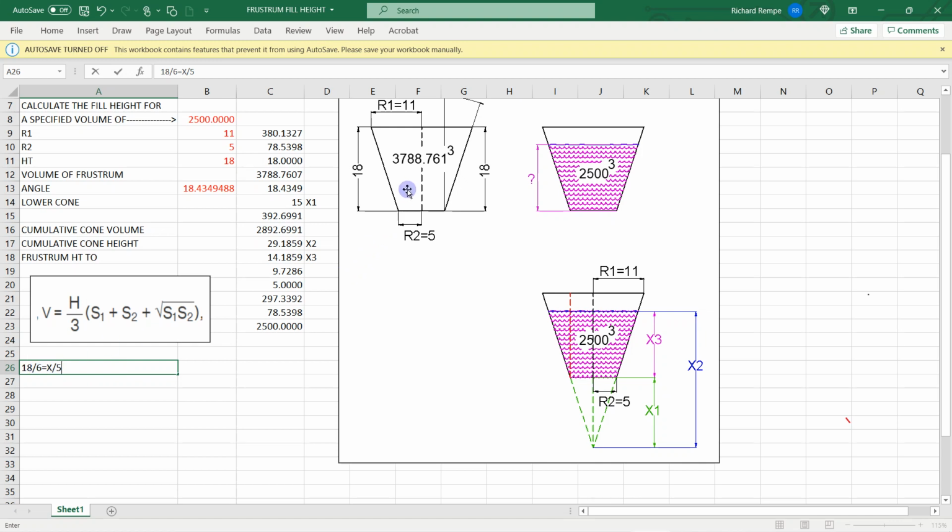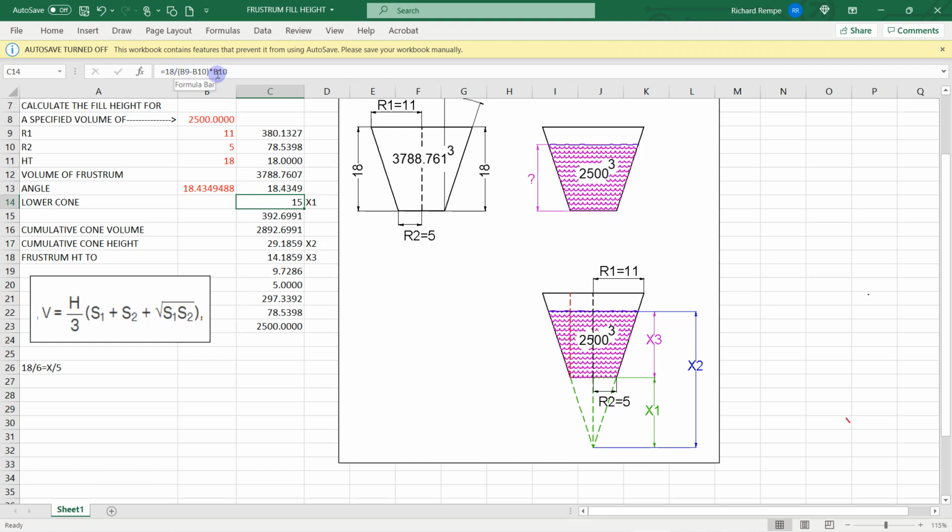The height is to 6 as the height is to 5. Then you multiply 18 times 5, which is 90, over 6, which is 15. So x1 is 15.